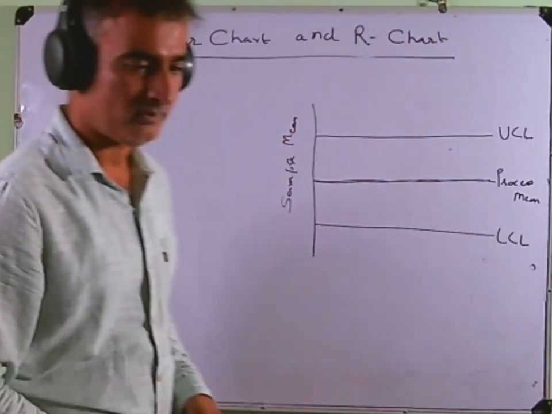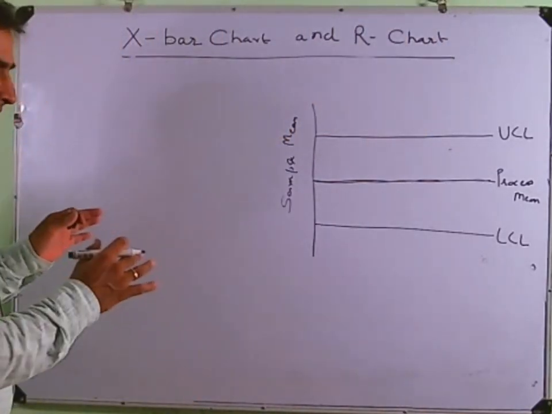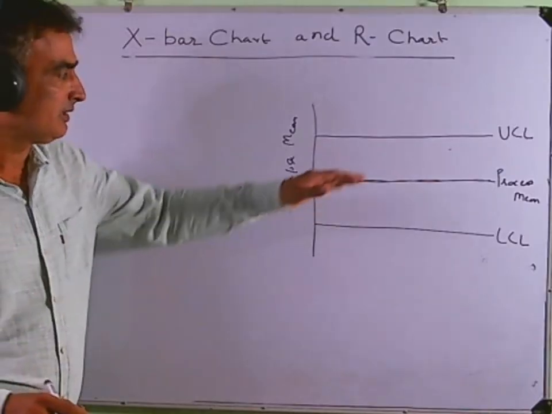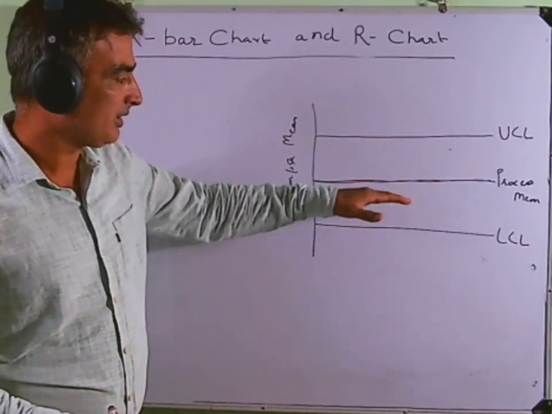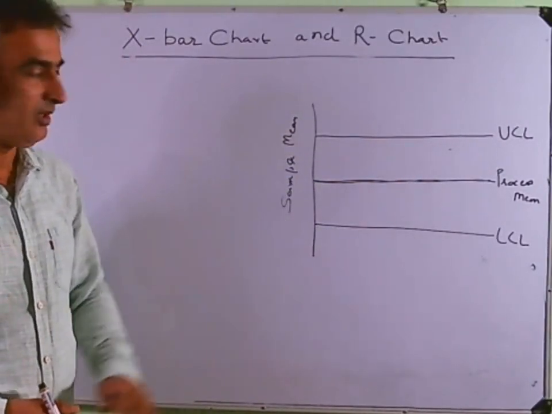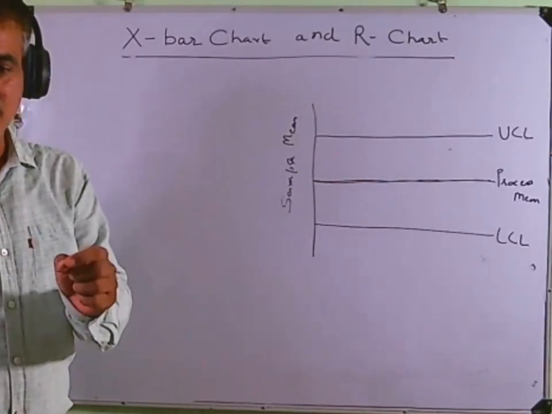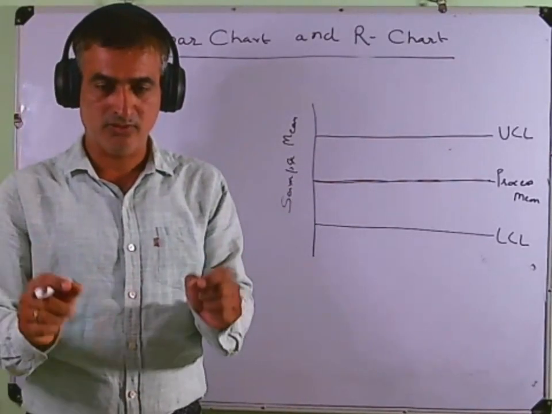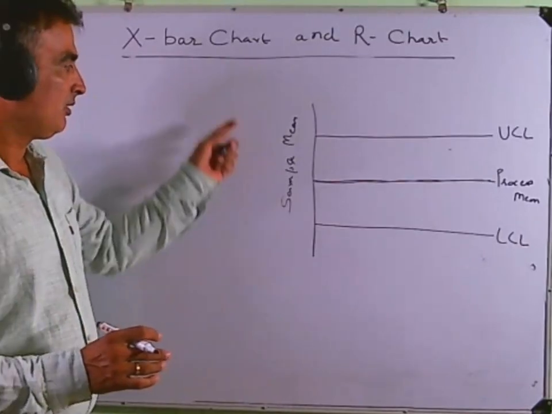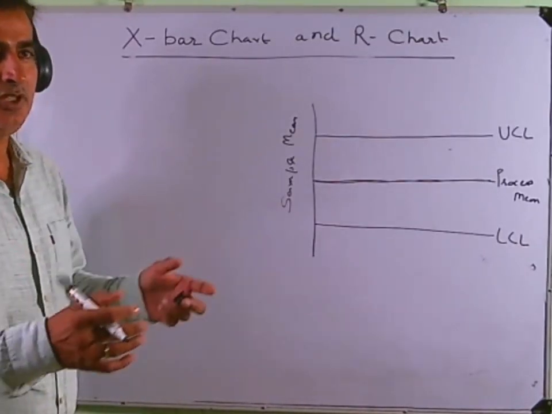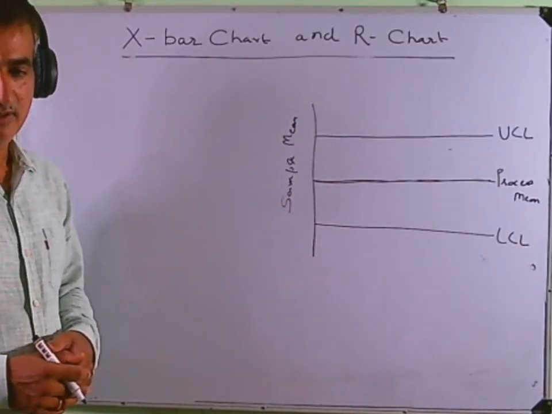Now, there are two ways to calculate the upper control limit and lower control limit. Process mean is generally equal to the population mean. So if you calculate the mean of the sample, it is actually the process mean.